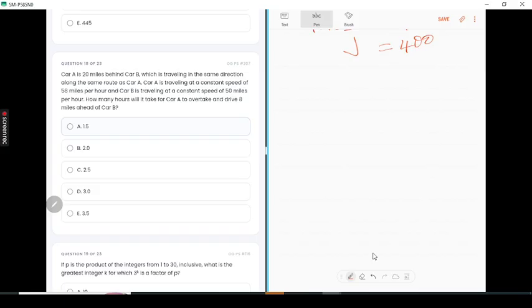So there are several different ways of solving this question, but let's use relative speed. Time is distance over speed, but the type of speed we are talking about here is the relative speed.